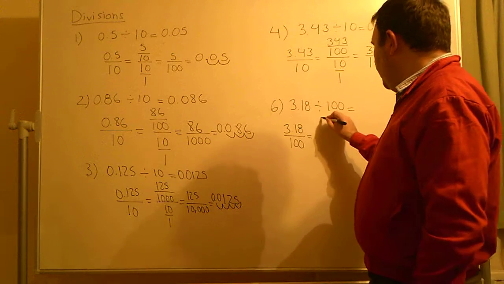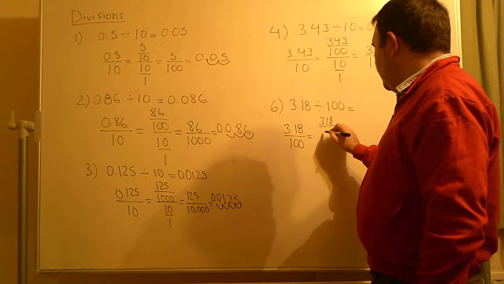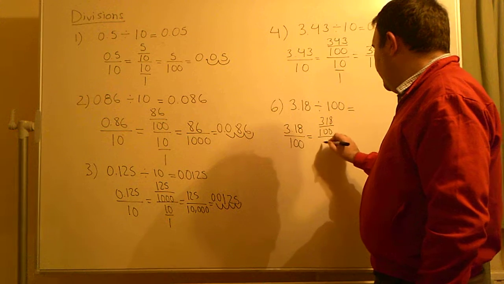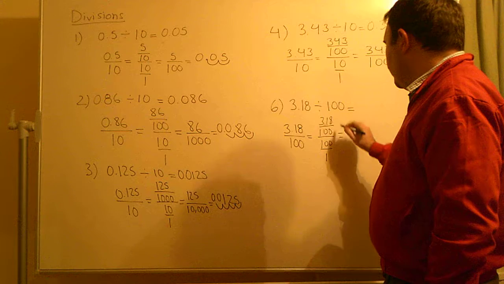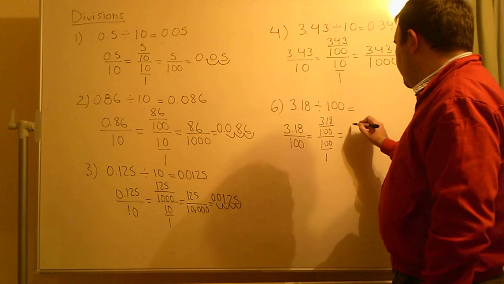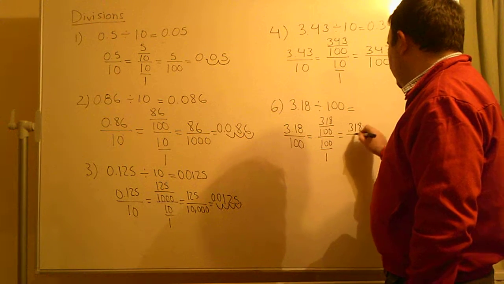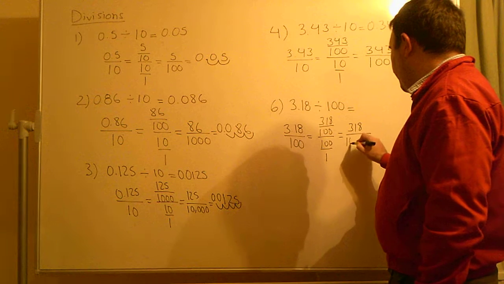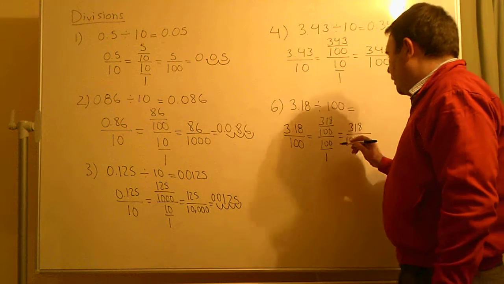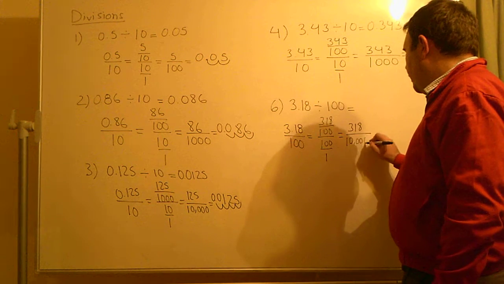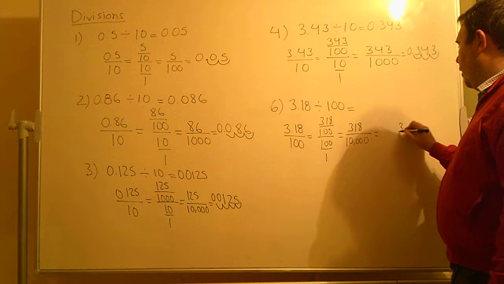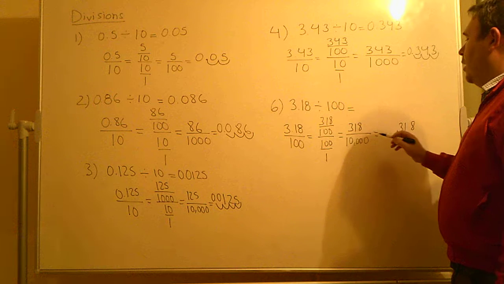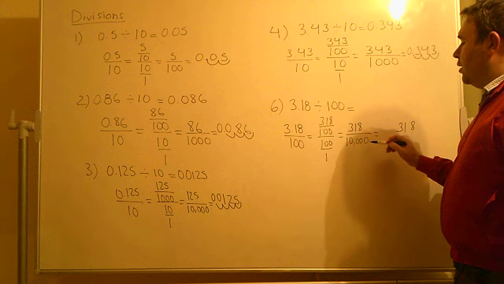So this will be 318 divided by 100 divided by 100 divided by 1. So 318 times 1 is 318 divided by 100 times 100 is 10,000.